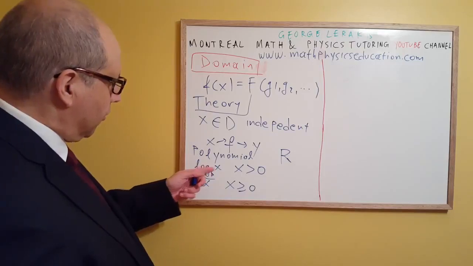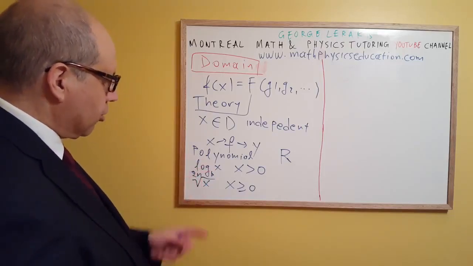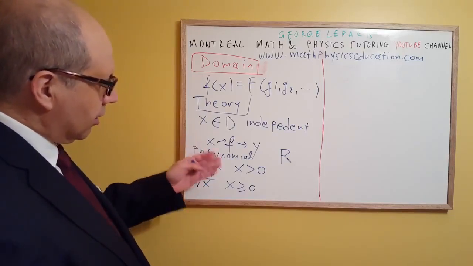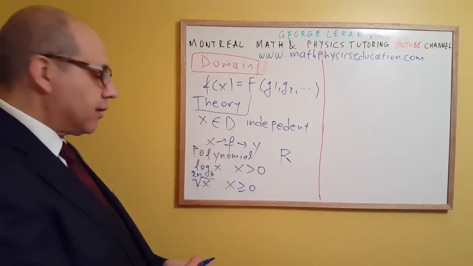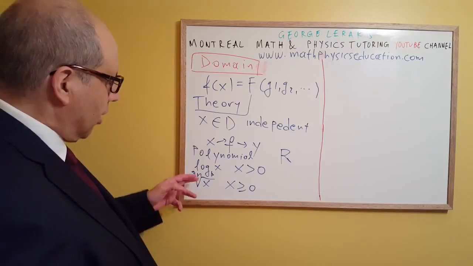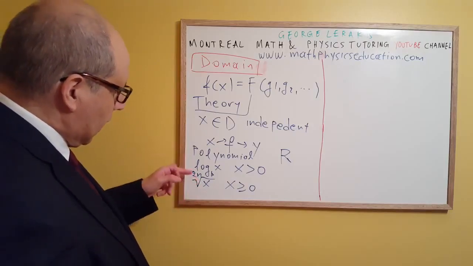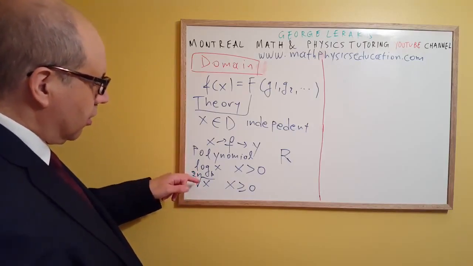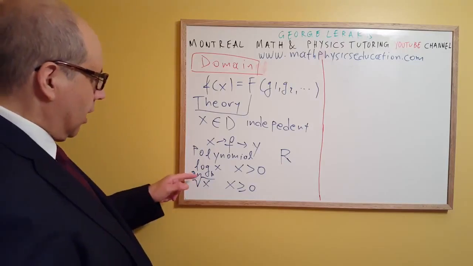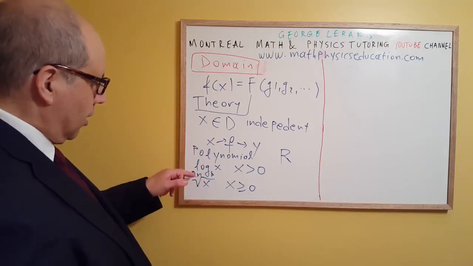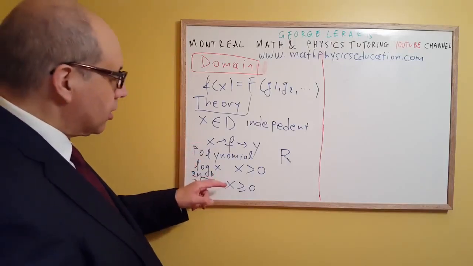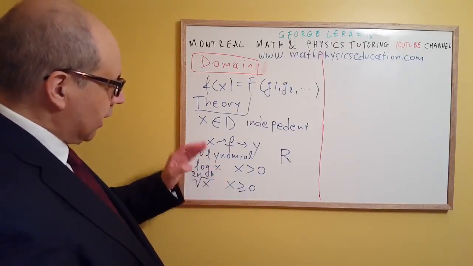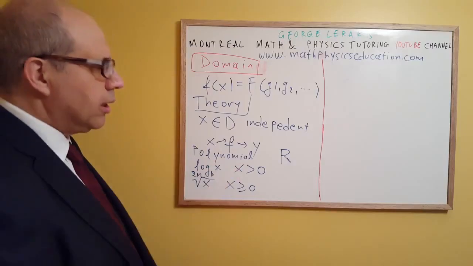It's the log of x to base b function, which has as a domain all the numbers x that are greater than 0. You have also the even root function, the 2n-th root of x, whose domain is all the numbers x which are greater than or equal to 0.